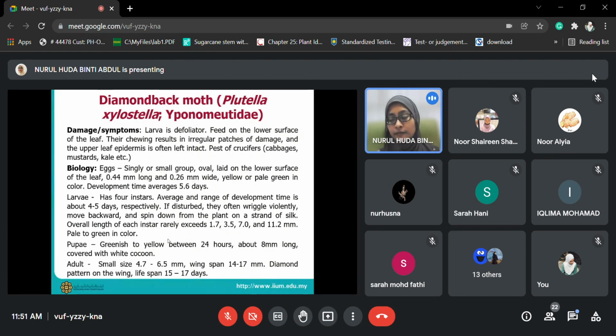Okay, so instead of falling down onto the soil, from the upper part of the leaf it will hang and then maybe attach to a lower level of leaf. A plant has many levels of leaves, so from the top it may hang and drop down. That is how they run away from predators and so on. Okay, and then the pupa is greenish to yellow. Around 24 hours development time, and usually covered with a white cocoon.